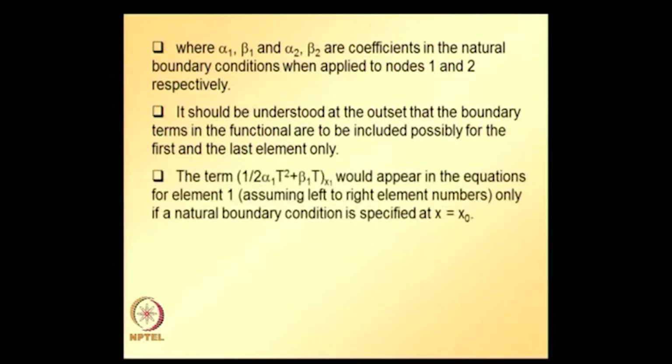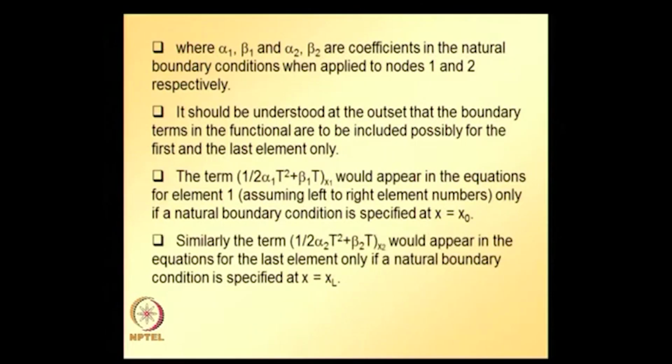So, the term half alpha 1 T square plus beta 1 T evaluated at x1 would appear in the equations for element 1, assuming left to right element numbers, only if a natural boundary condition is specified at x is equal to x naught.